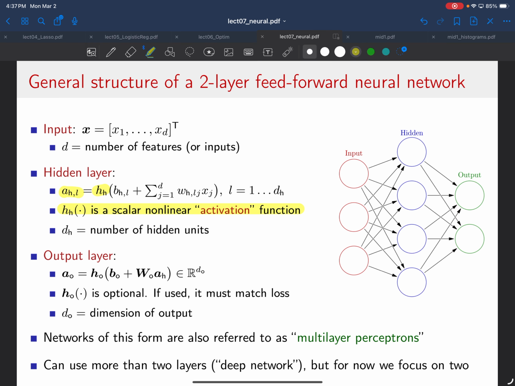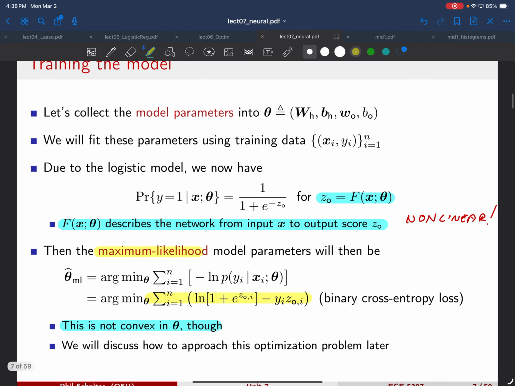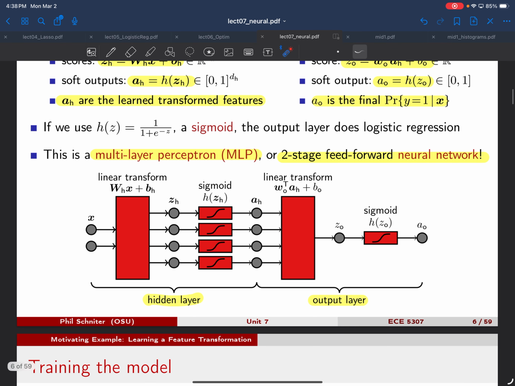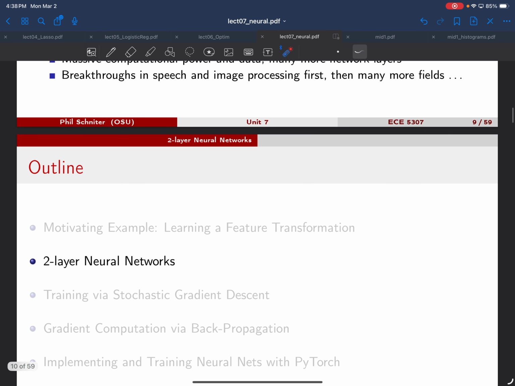In the output layer, you again have some linear processing, and then you may or may not have an activation. We'll call it H_O. And this is optional. Like we talked about before in this picture, this is really optional, and so it's true in general.